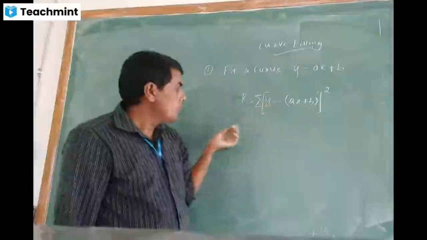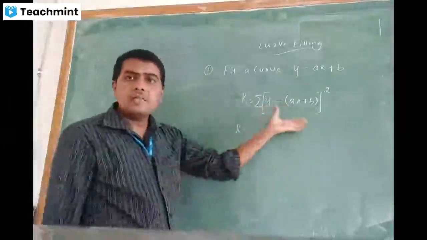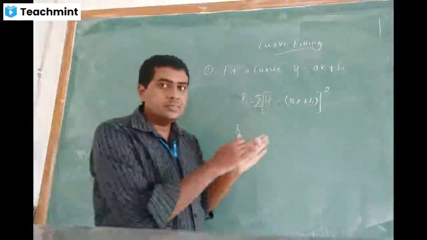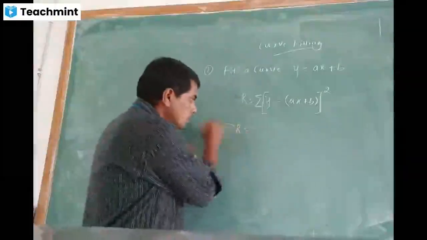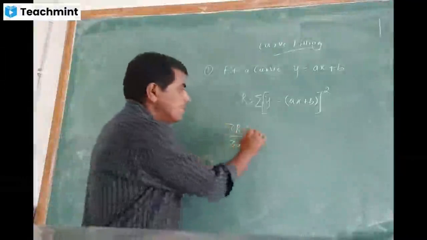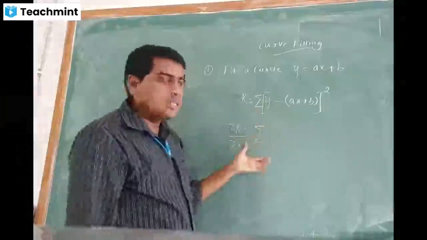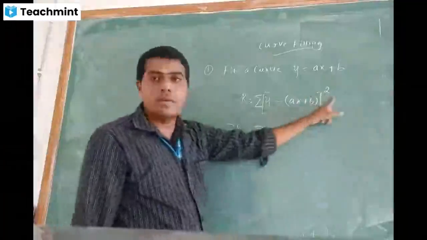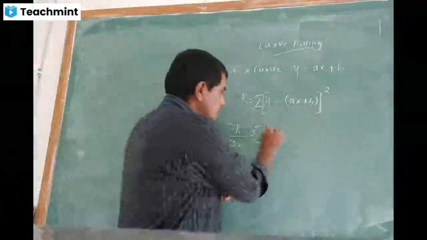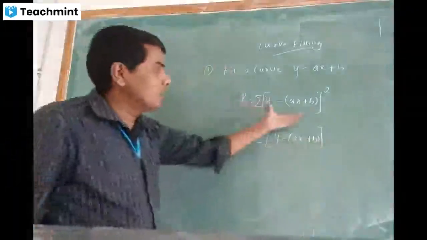What is the derivative of r with respect to a? Partially, right? So del r by del a is equal to summation 2 into (y minus ax minus b), into the derivative of the inside term with respect to a.